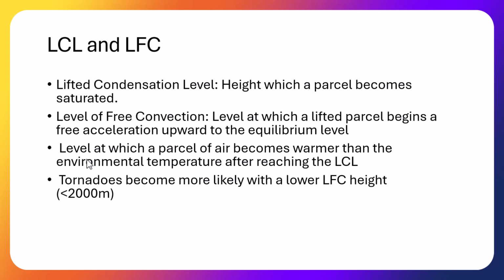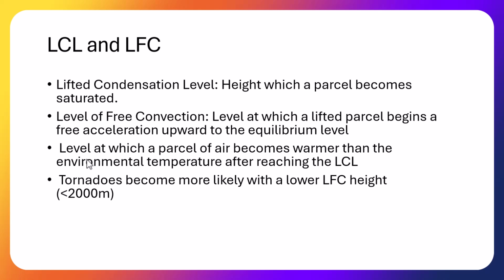So the LCL is when the parcel becomes saturated. It becomes the same as the environmental temperature. As soon as it begins to become higher than the environmental temperature, it enters the level of free convection and rises up.